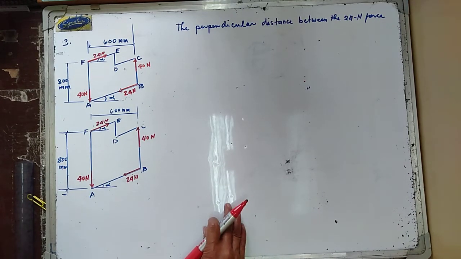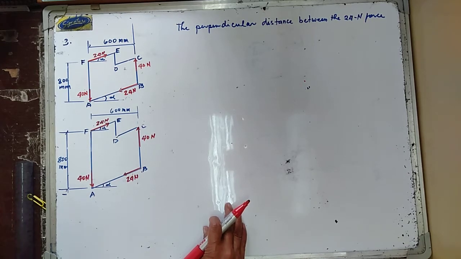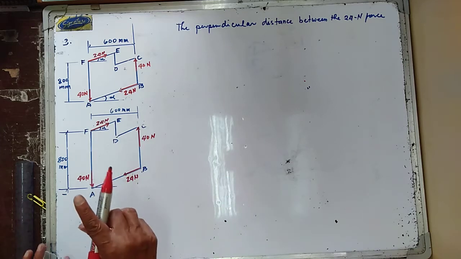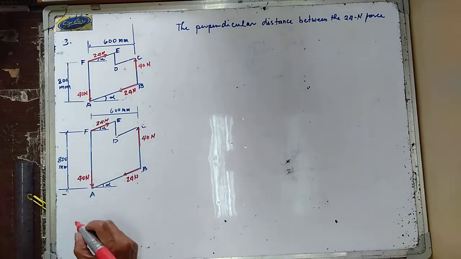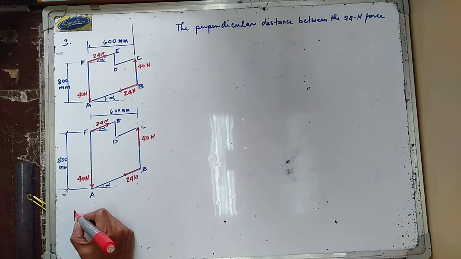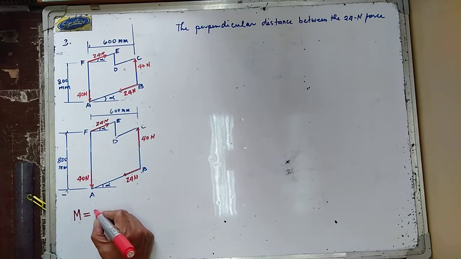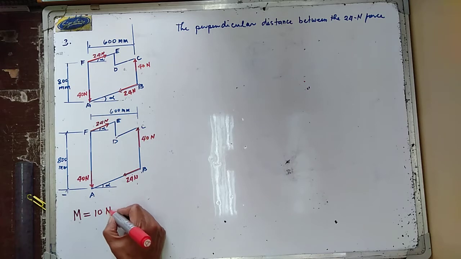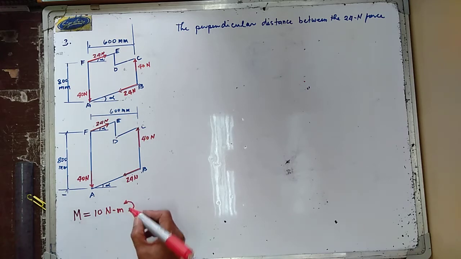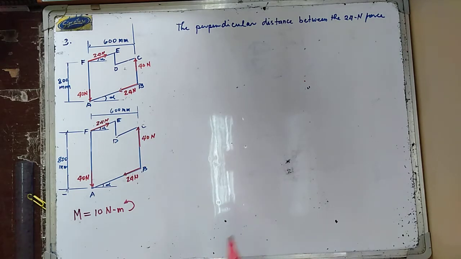Determine the value of alpha if the resultant of the two couples is 10 Newton meter counterclockwise. Hence, the resultant of the couple is equal to 10 Newton meter counterclockwise.